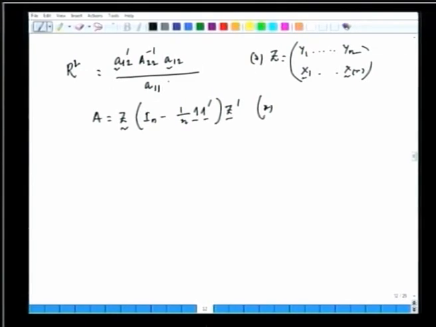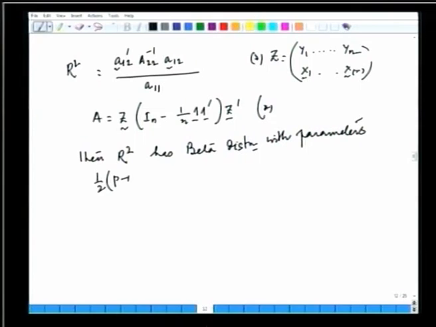And then this is the sample correlation coefficient I have, and this R square has beta distribution with parameters half of p minus 1 and half of n minus p.